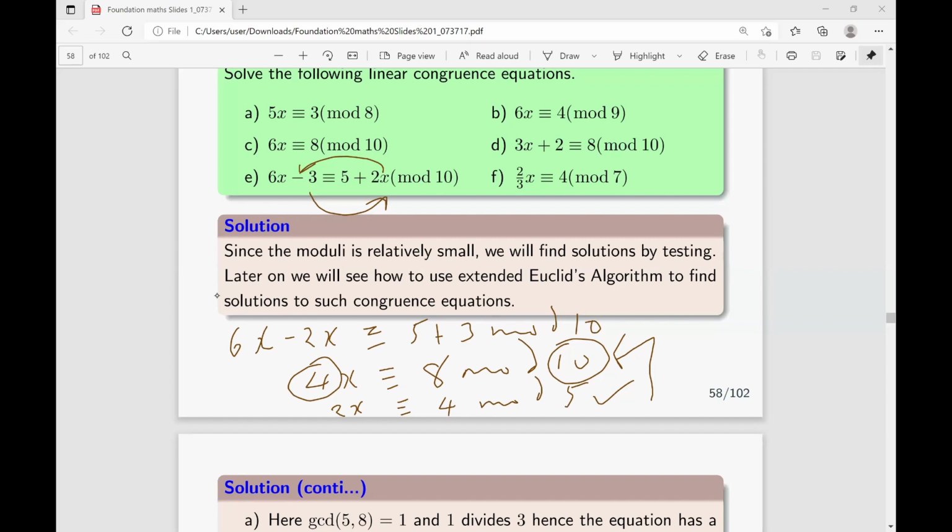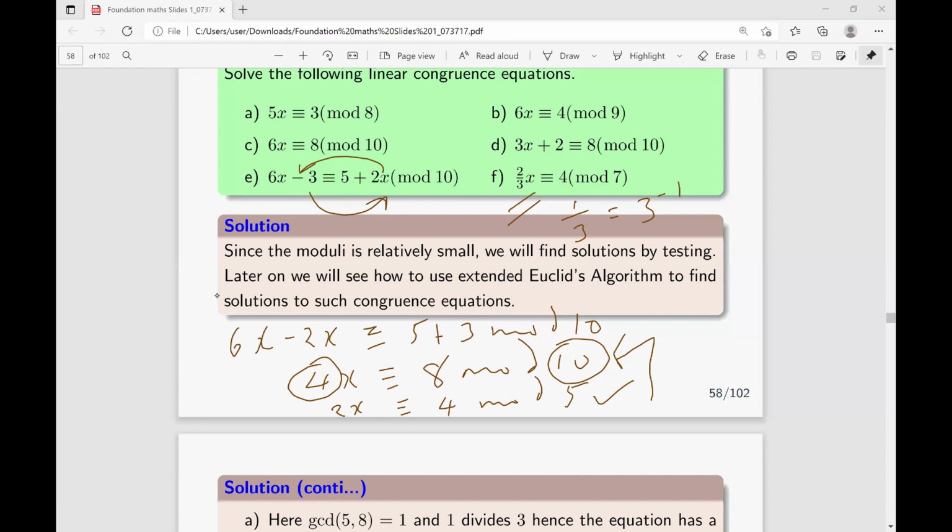Now this one, you just multiply by the reciprocal of 2 and 3 on both sides. So you multiply, but what is the reciprocal of 3? When I write 1 out of 3, and somebody else writes this, that is the same thing. Is that okay?